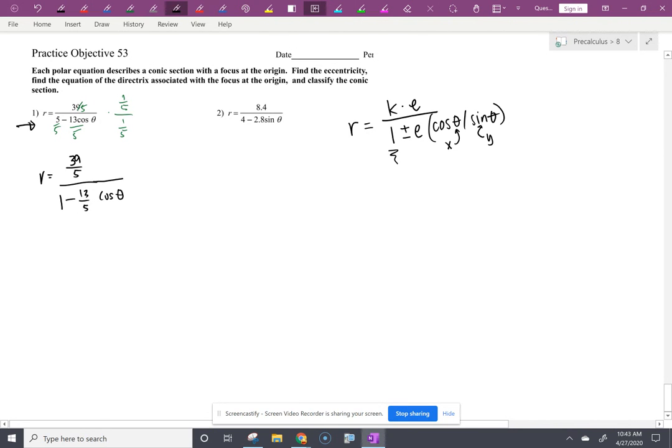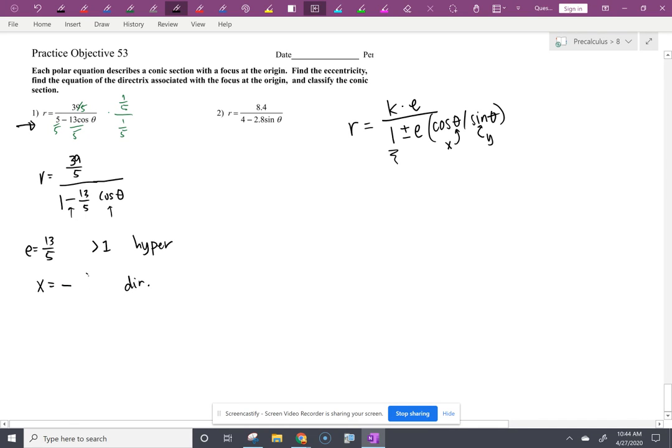Now look at how much I know, right? I know the eccentricity is 13/5. So that's greater than 1, which tells me it's a hyperbola, right? I know that it's negative here, and I know it's cosine, right? So I know that it's going to be x equals a negative number for the directrix.